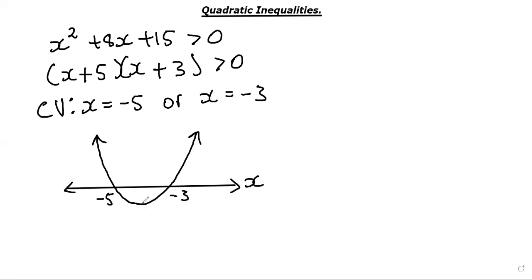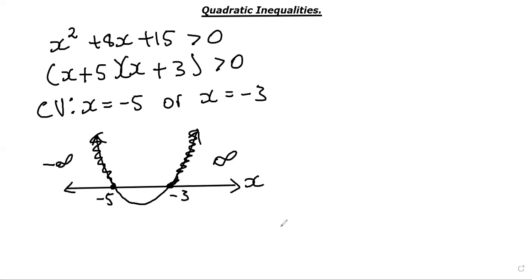Do you see that? So we can see that the function is above the x-axis in these two intervals, from -infinity up until -5, as well as from -3 all the way to +infinity.